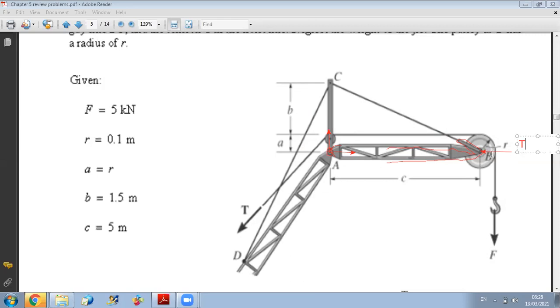So the action of T will be through the joint at B. So here you have T like this, and you have F downward. And you already know these values, T and F, from the pulley analysis. You know, T equals F equals 5. So actually the effect of F and T on AB is seen through joint B.